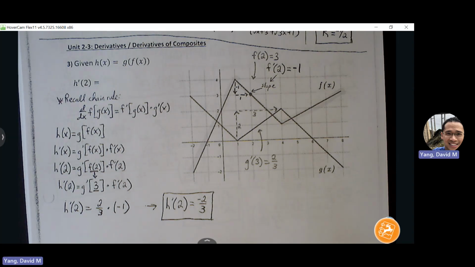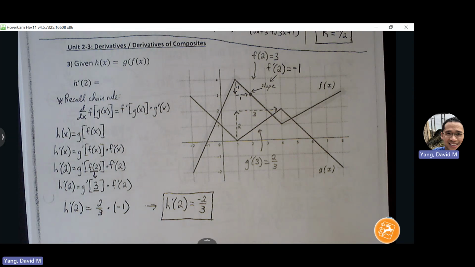So f prime of 2, the slope of the f graph at 2, this is the slope of -1. And then look at the g graph, find the slope of the g graph at 3. This is this line segment. If I pick 2 points, that lands at a nice point I can identify. The slope is up 2 over 3, 2/3. 2/3 times -1, -2/3.